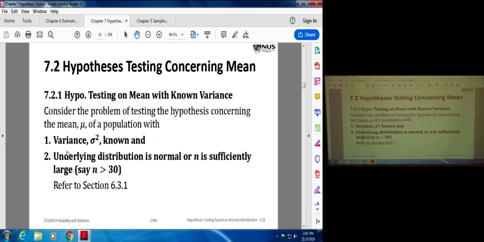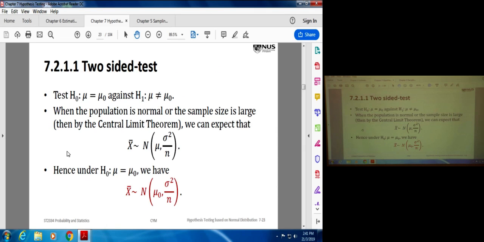So we consider the problem, and that's the situation that we have. Let's have a look. We're going to look at a variety of different hypothesis tests. The first one is a null hypothesis that mu is equal to mu 0, against the alternative that mu is not equal to mu 0.